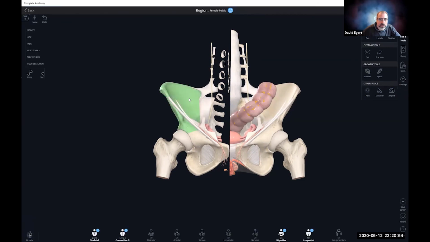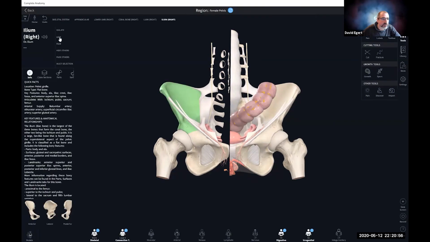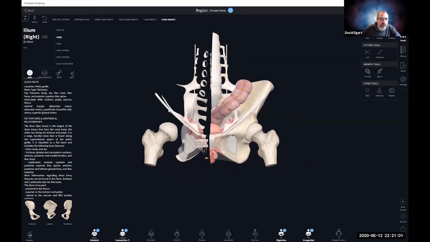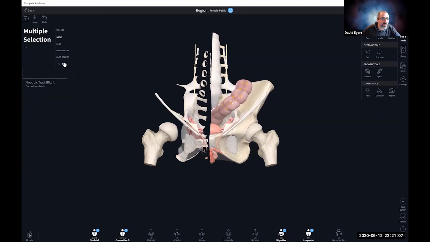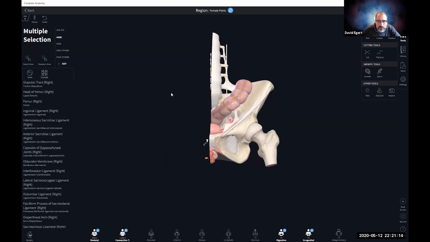Get rid of the stuff we don't want. We're going to hide, hide multi-selection and select area. I've been figuring out tricks in this thing. Woo!